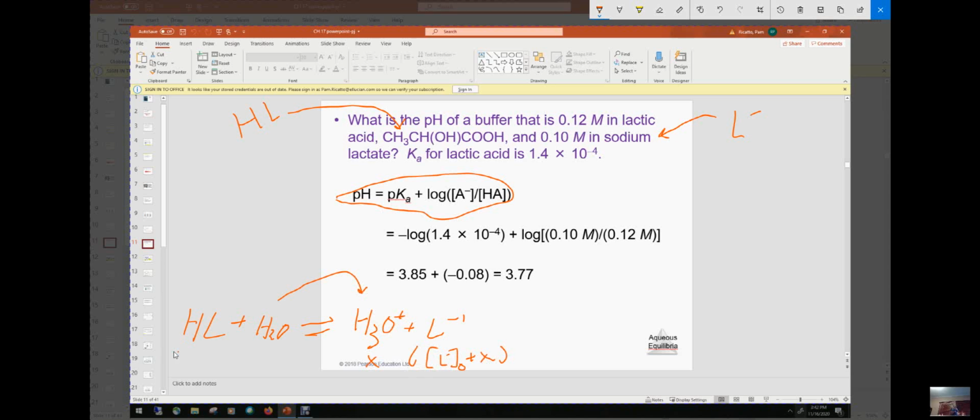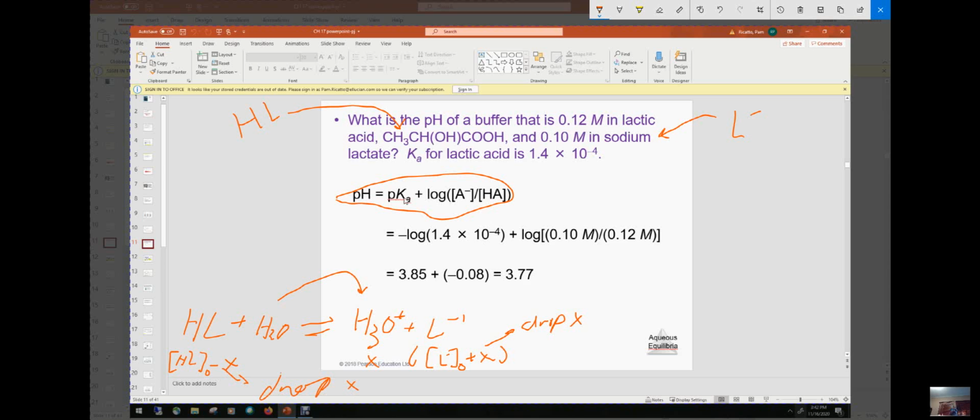This is the initial amount of HL minus X, and we leave water out. So we would get Ka is equal to this times this divided by this. Okay, but remember X is small, so okay to drop the X. X is small here, drop the X. And Henderson-Hasselbalch will work.